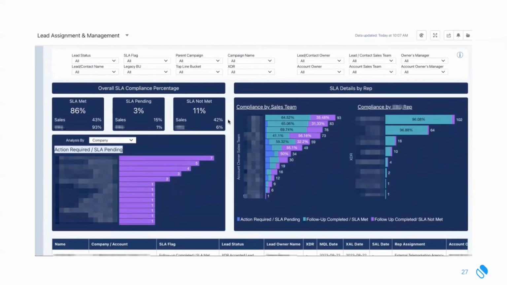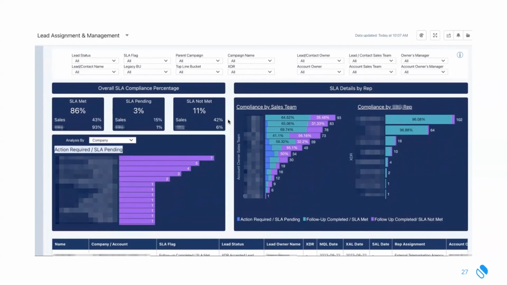But doing this really enables some really excellent reporting. This is a dashboard using Salesforce Analytics, but you can see that you can get, over a certain time period, what is our compliance in terms of meeting the SLA or not. And you can group this by any dimension that you're capturing, whether it's by rep, by team, by business unit, geography, segment, whatever.